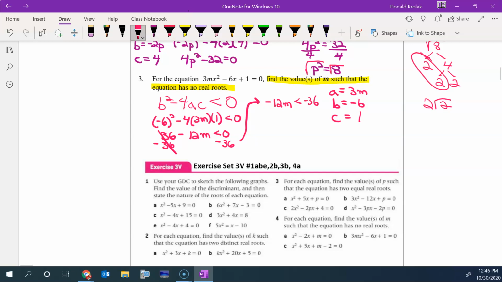And now I'm going to have to divide by a negative, which means I got to remember to flip the inequality. So anything larger than 3 would make it have no real roots.